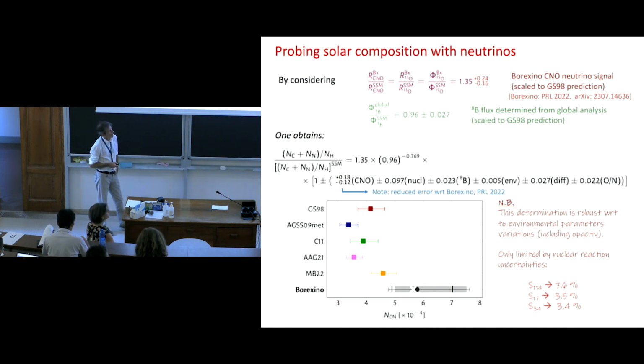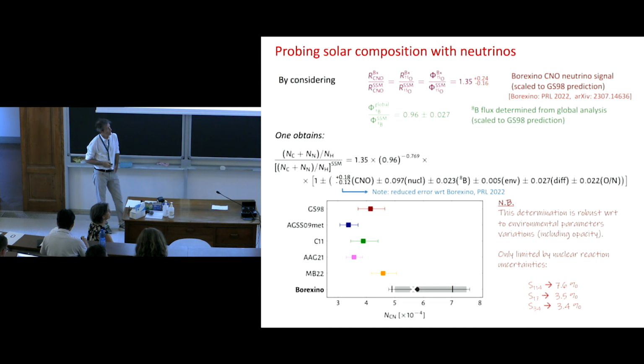This is the error budget, which is dominated by the experimental error, and it has a 10% contribution from all the other sources, which is basically dominated by the nuclear reaction uncertainties, with the largest contribution provided by this reaction here.